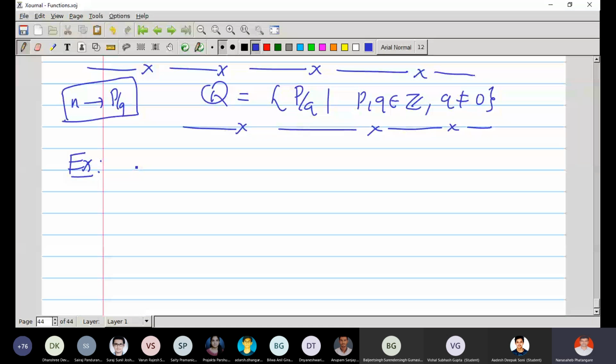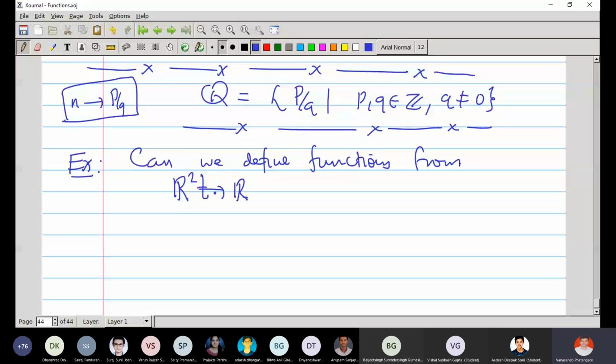Can I have functions from R2 to R? So can I define a function from R2 to R?